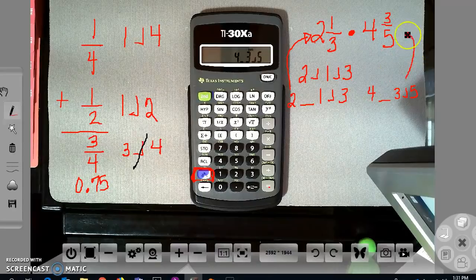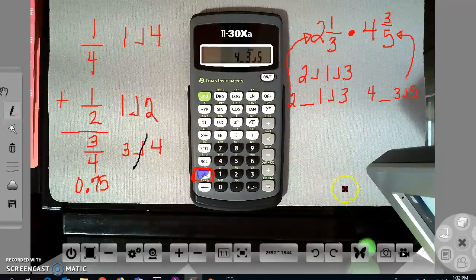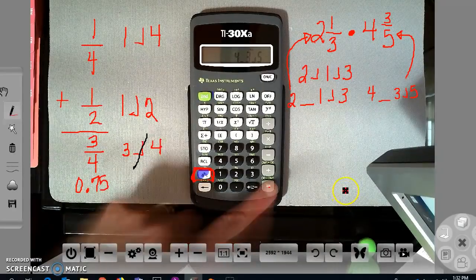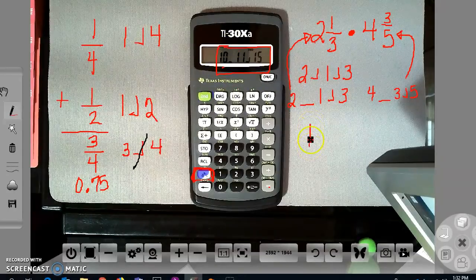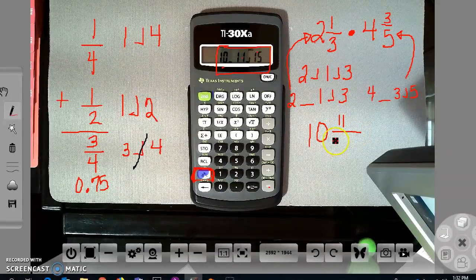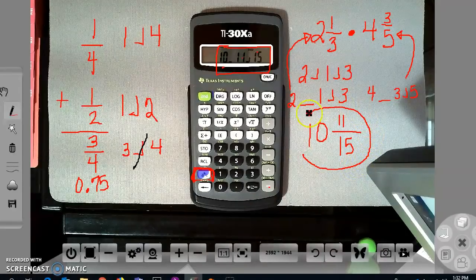That's going to translate to 4 3/5. We're going to press the equals button. That here is now your answer. The 10 is the whole number, the 11 is the numerator, and the 15 is your denominator. Your answer is 10 11/15.